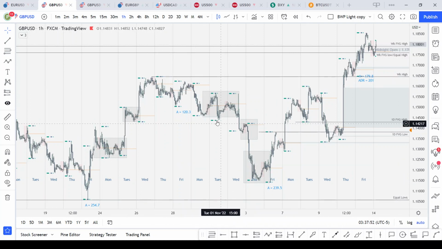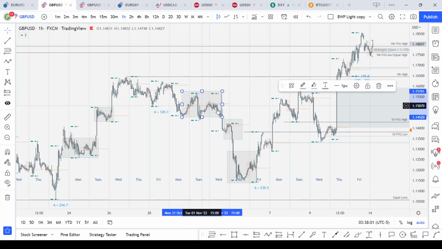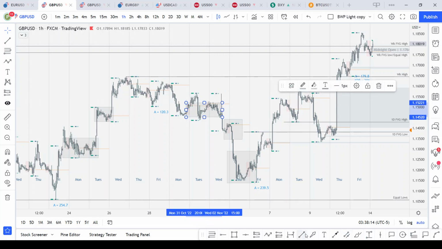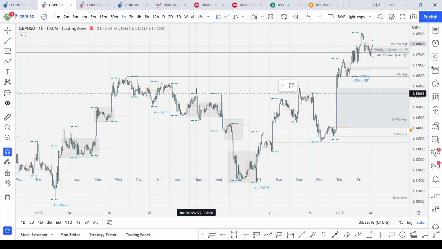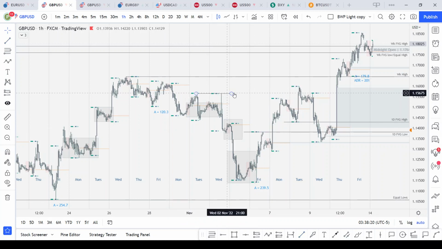Remember I mentioned that buy models typically form an equal high. That's pretty much what happened here. This is initial consolidation. You can also group the whole of this as initial consolidation, but typically I like to use where I have a clean high, which is this level right there. You can see the equal high.